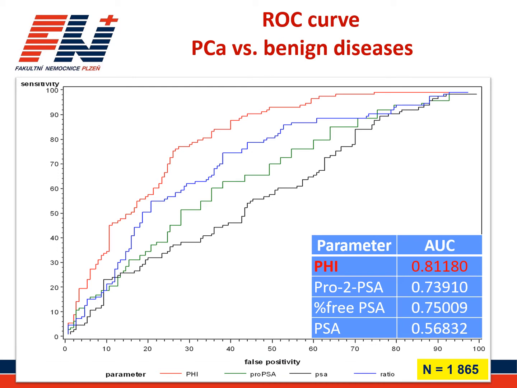Here you can see the ROC curve, and the red line belongs to phi, and phi is the best parameter for distinguishing between prostate cancer and benign diseases. The area under the curve is higher than 0.8. This is a very good, very high value.